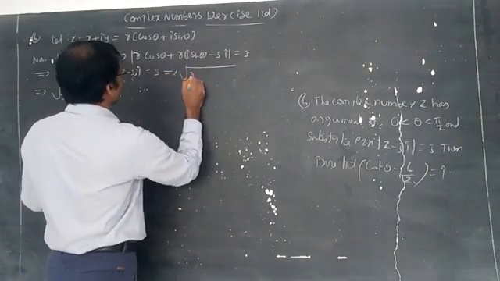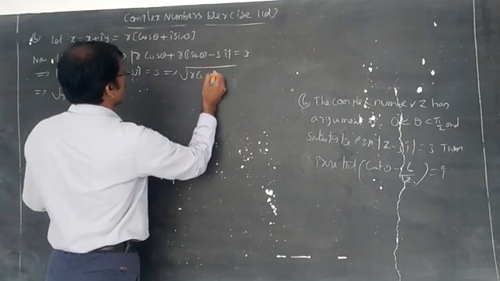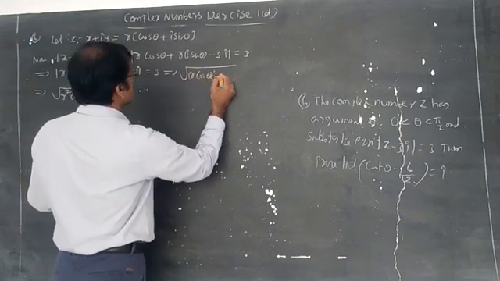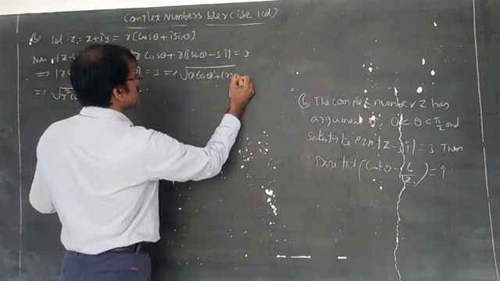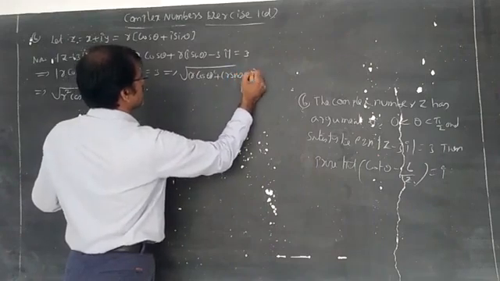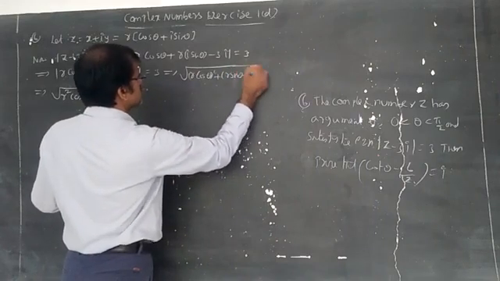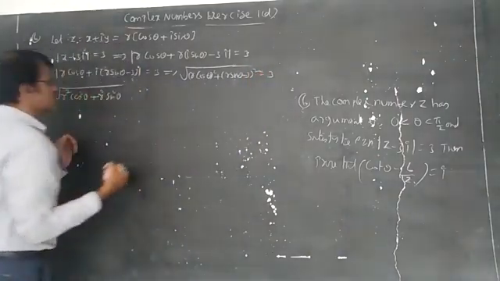So root of r cos theta whole square plus r sin theta minus 3 whole square is equal to 3.